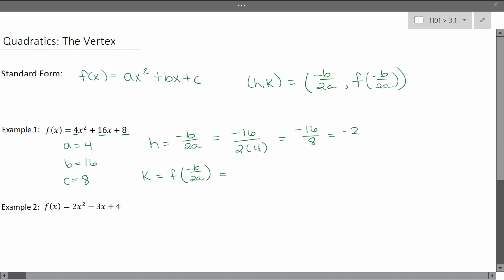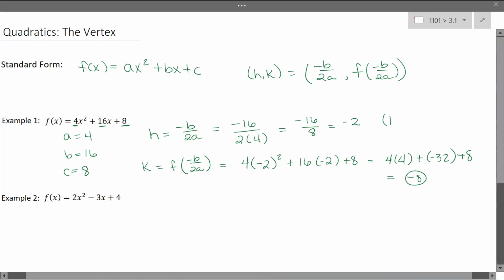So we have 4 times negative 2 squared plus 16 times negative 2 plus 8, which is equal to 4 times 4 plus negative 32 plus 8, which we can put in our calculator and gives us negative 8. So our vertex for this function is going to be h comma k, which is negative 2, negative 8.